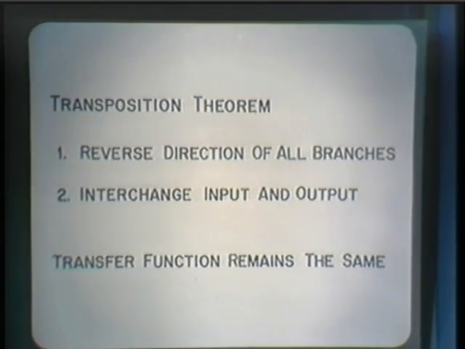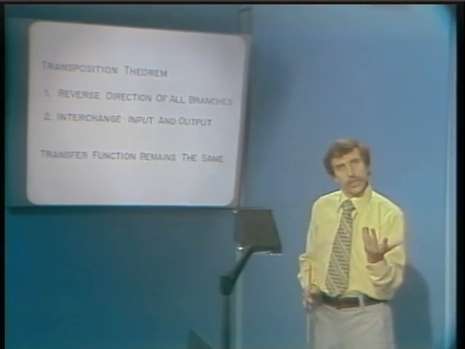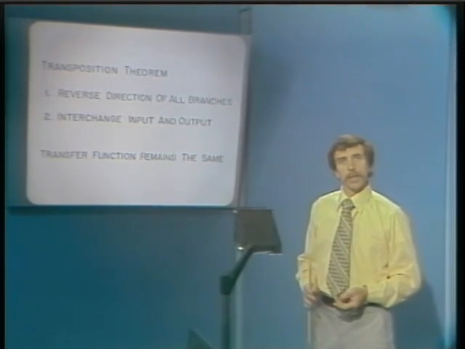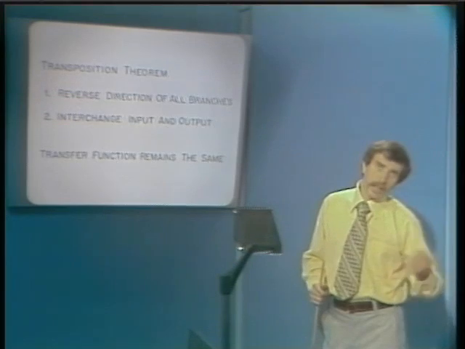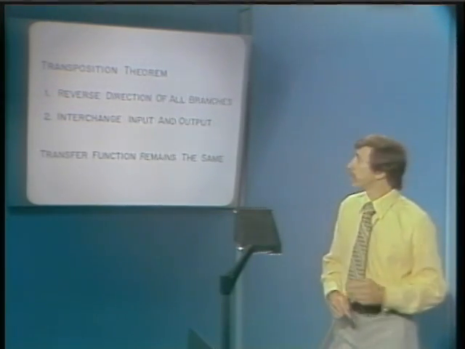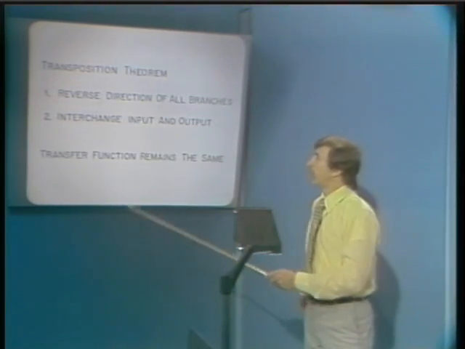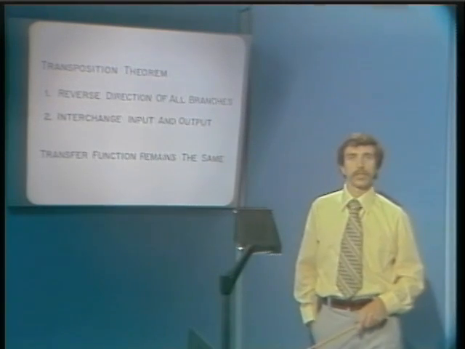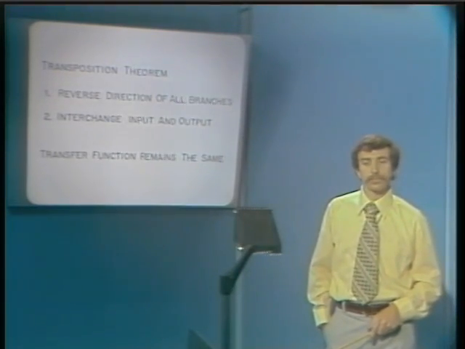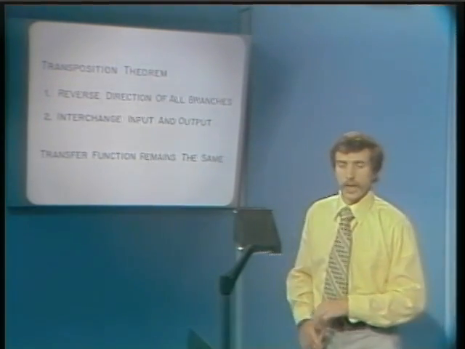So it says, take the network, reverse the direction of the branches, put the input where the output was, take the output where the input was, and what you find is that the transfer function of the system is exactly the same. Well, let me illustrate this theorem.